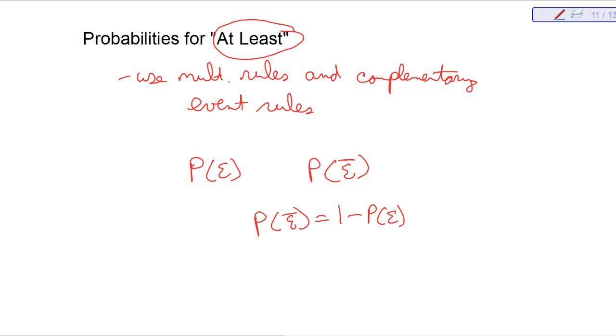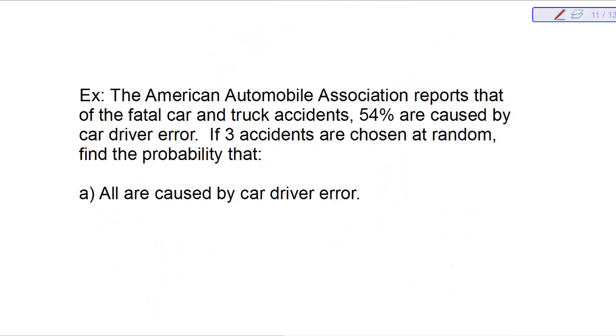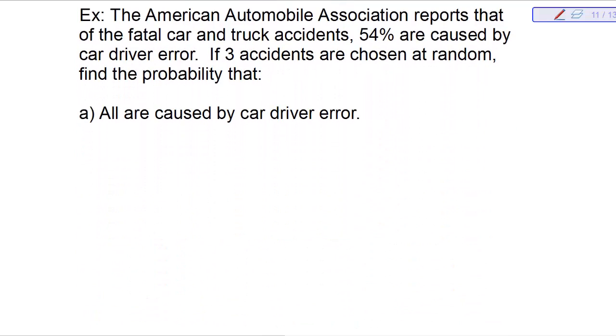So let's look at an example. The American Automobile Association reports that of the fatal car and truck accidents, 54% are caused by car driver error. If 3 accidents are chosen at random, find the probability that, Part A asks us, all are caused by car driver error.